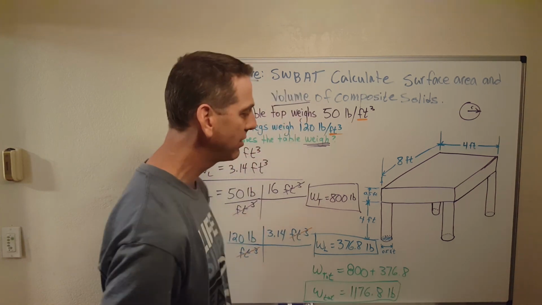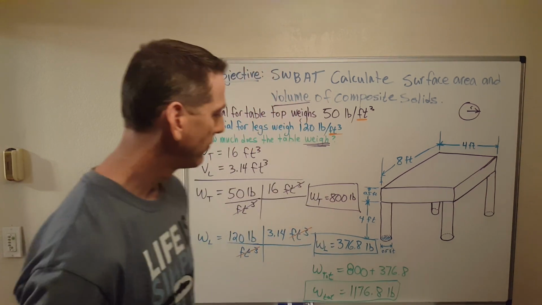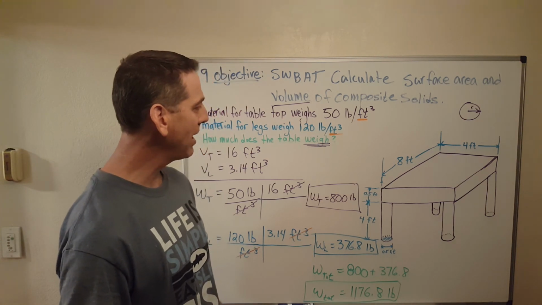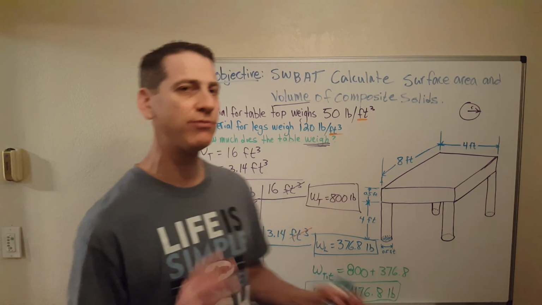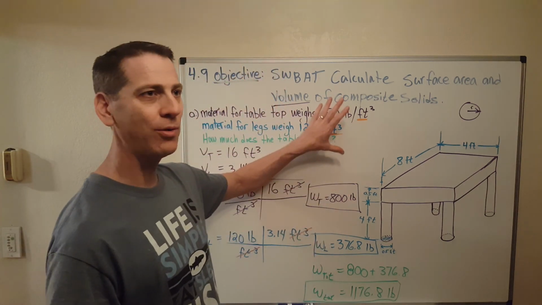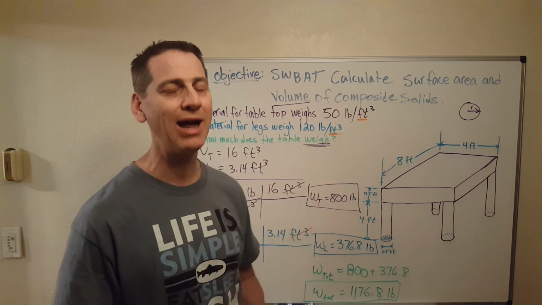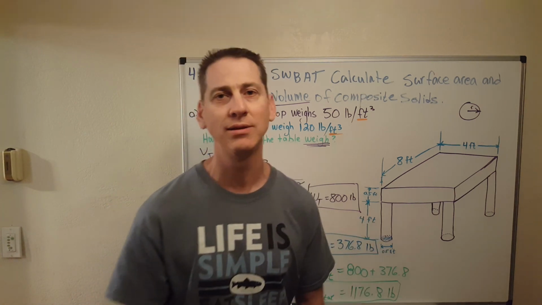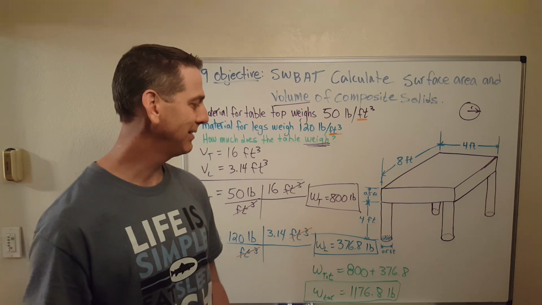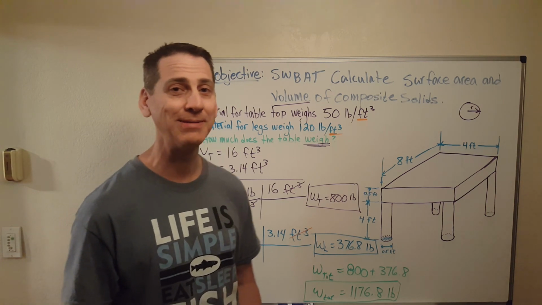And I just rounded that to the nearest tenth. All right? So there you have it. So by being able to figure out the volume of this table and knowing the weight per cubic foot, I was able to find the total weight of this table. This is all about over half a ton.